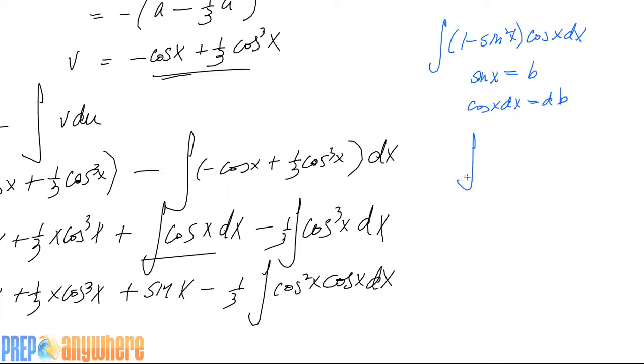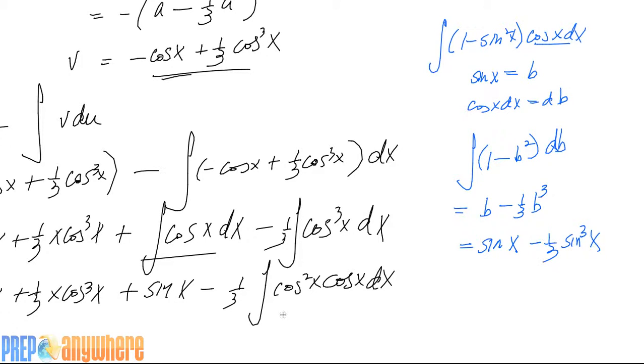So you get 1 minus b squared, and cosine x dx just turns into db. Integration of that is b minus 1/3 of b cubed, where b was sine of x, right? So sine of x minus 1/3 of sine cubed x. So this whole thing there can be replaced with that.